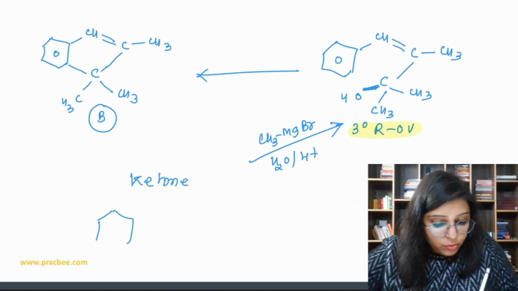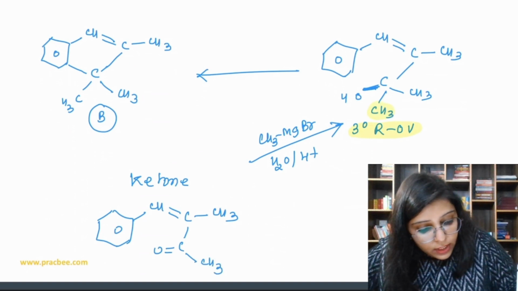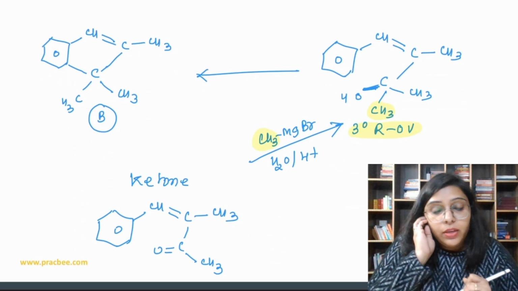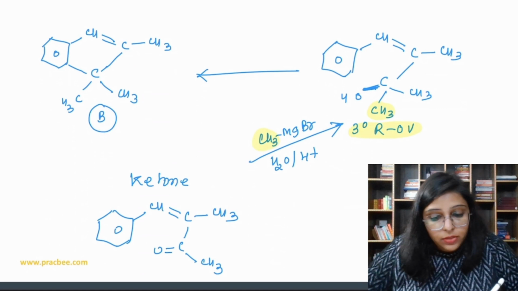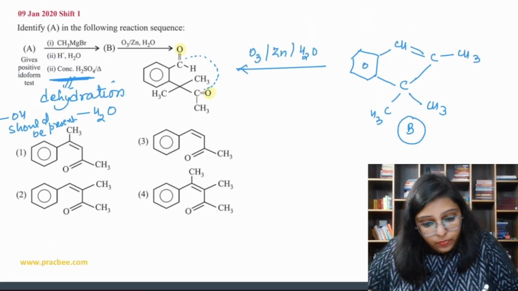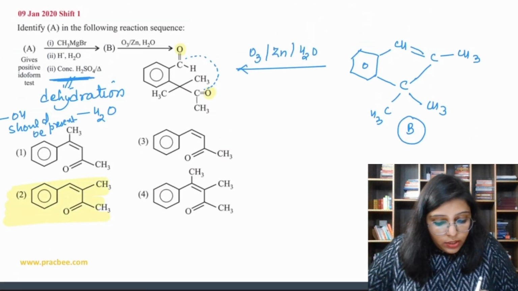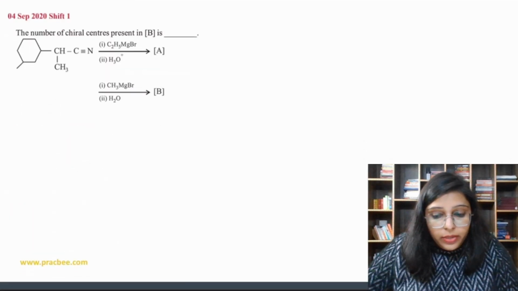It means we have to write CH double bond C, CH3, then C double bond O, CH3, because one of the CH3 is from the Grignard reagent. So this should be the reactant A. Now let's find out which option is this reactant. So option 2 is going to be the correct answer. Clear? Understood? That's it. Now let's do the next question.